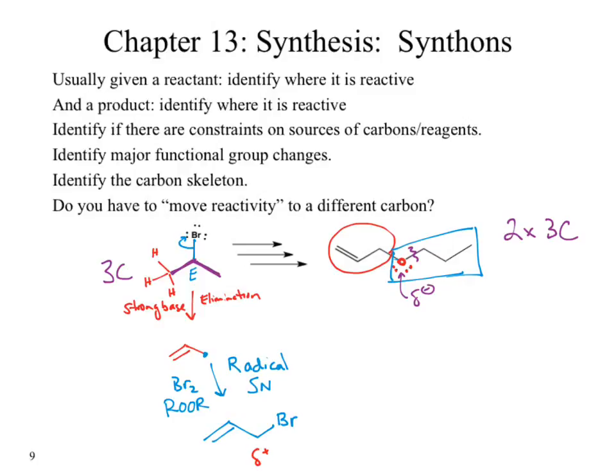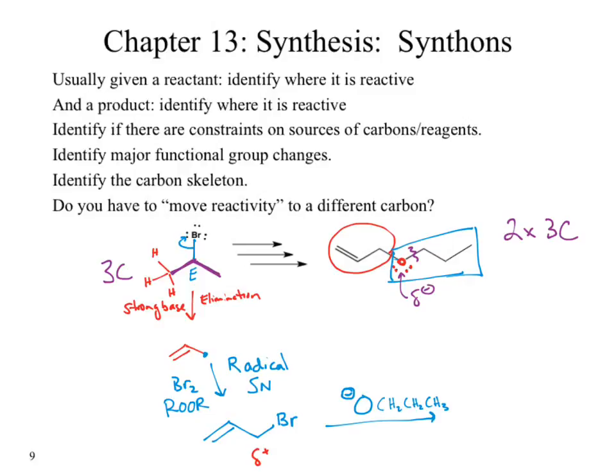So let's take a swing at it. I need to bring in a negatively charged oxygen. What else is attached to that negatively charged oxygen? Let's include the other 3 carbons.